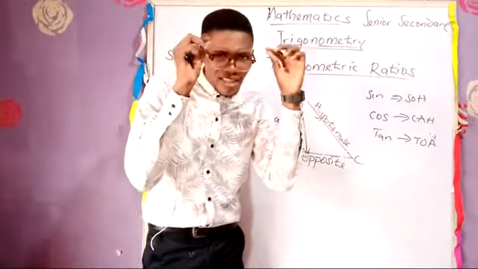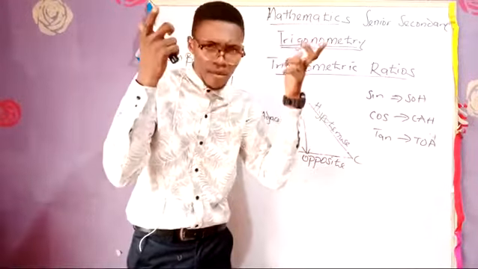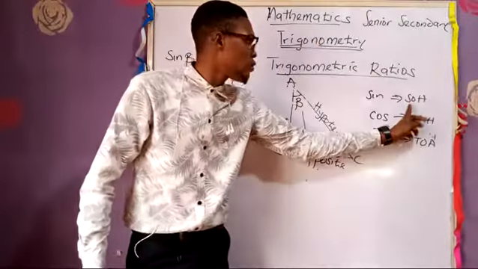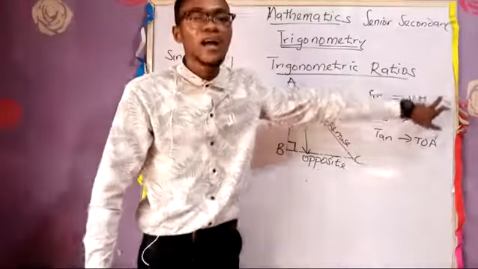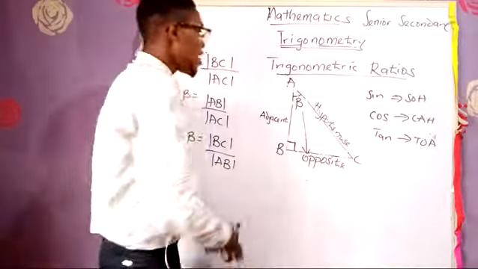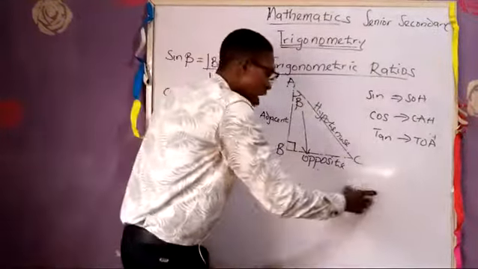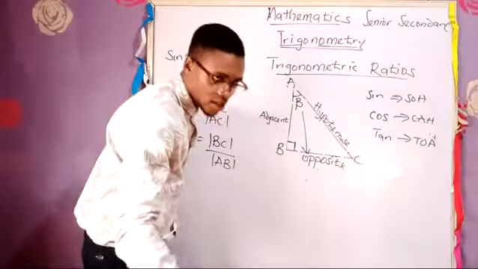Sine has an acronym, SO. SO stands for what? Opposite over hypotenuse. And mind you, hypotenuse is always the longest side of a right-angled triangle.